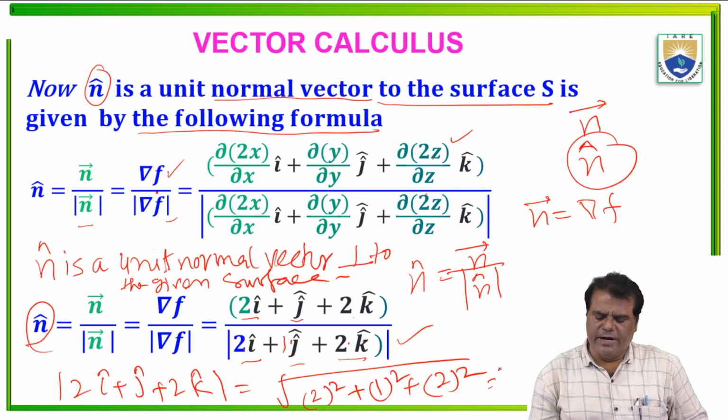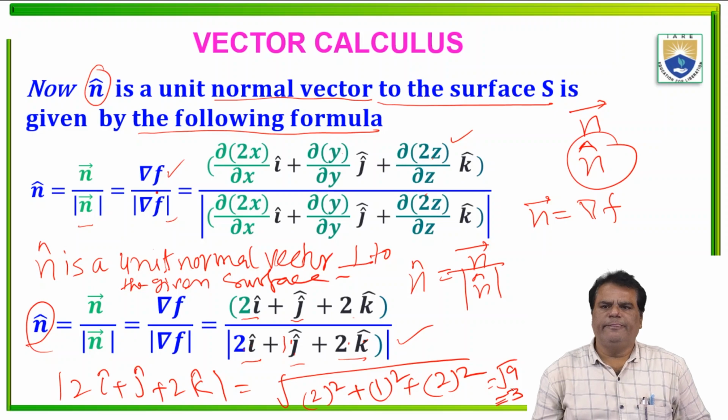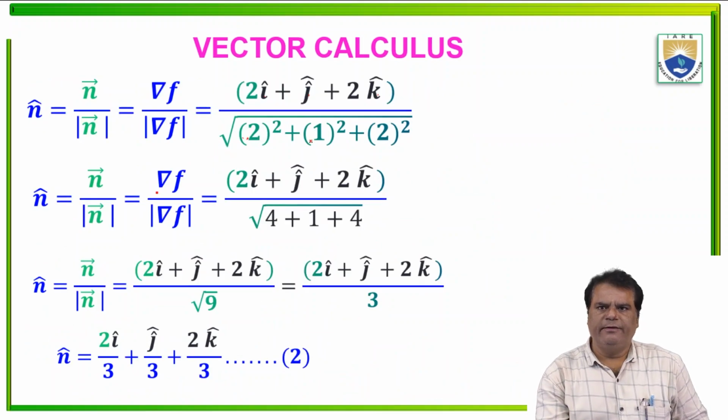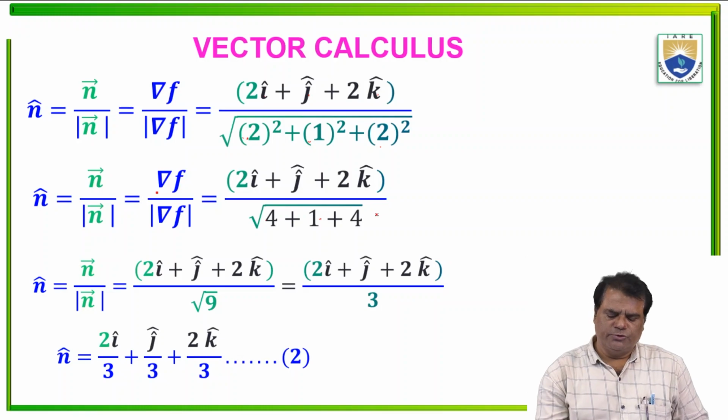So this is under root 9, which is 3. So we get under root of 2 squared plus 1 squared plus 2 squared, which is under root 4 plus 1 plus 4. So this is (2i plus j plus 2k) upon under root 9, that is, upon 3.